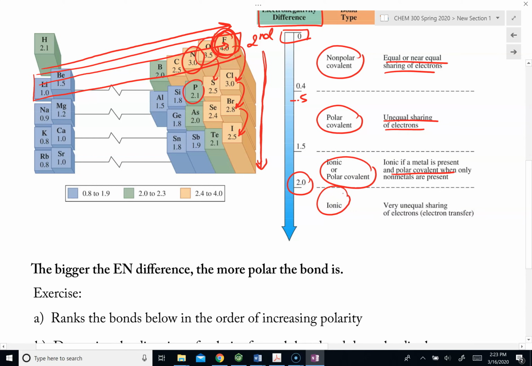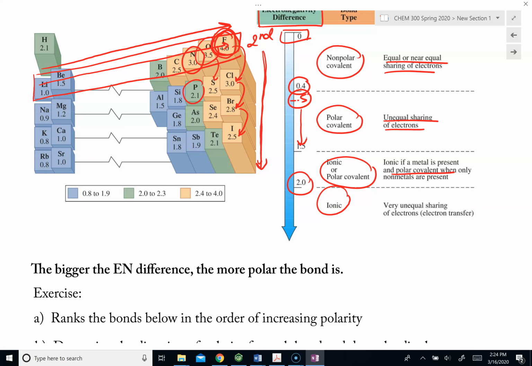So for the most part, this is how we can remember it. If the difference in electronegativity is from 0 to 0.4, the bond would be a nonpolar covalent bond. But if the difference in electronegativity between two atoms is 0.5 to about 1.5, then for the most part, that bond will be classified as a polar covalent bond.